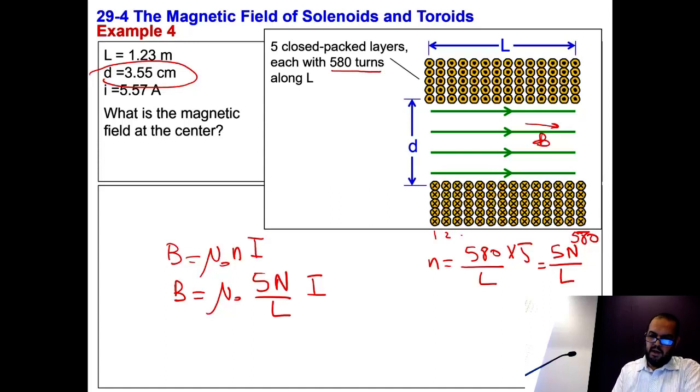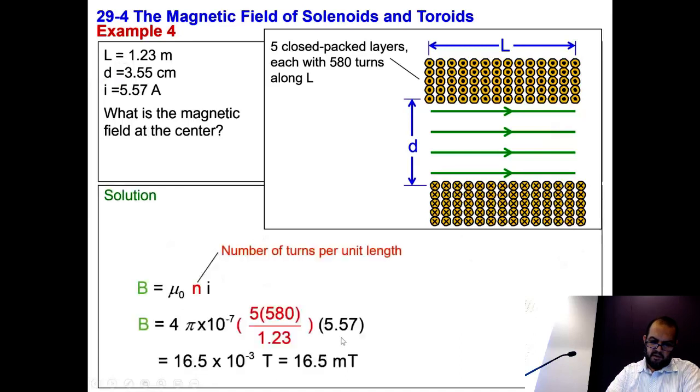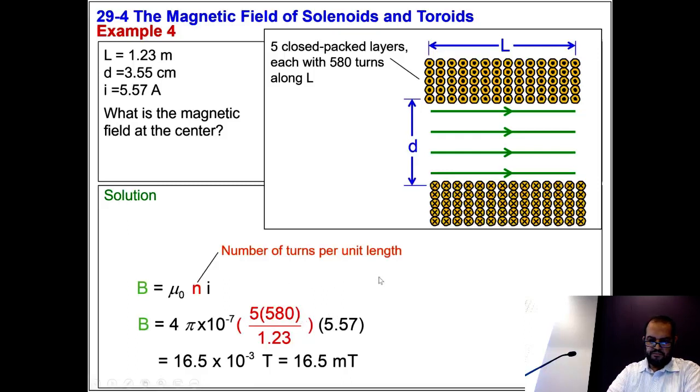If you replace the numbers, you get 16.5 milli Tesla. So problems of solenoids and toroids, if you remember the equation, are very simple to do.